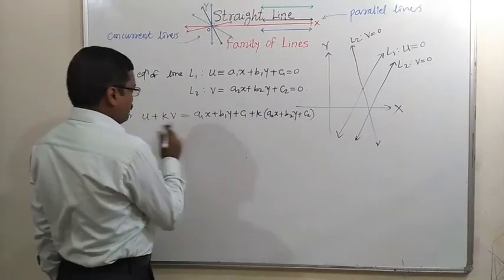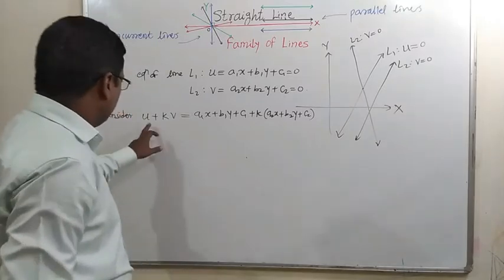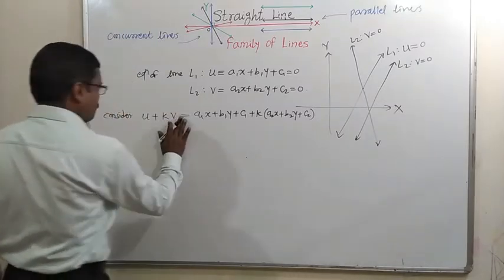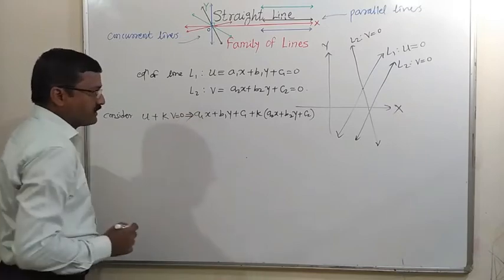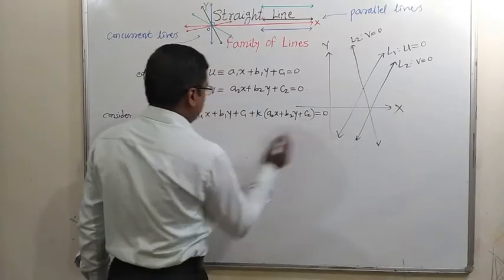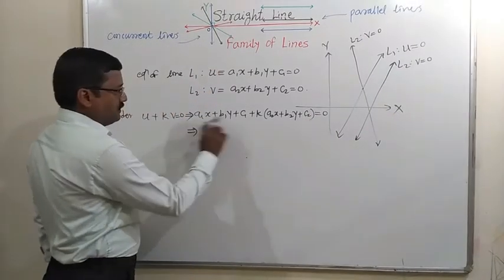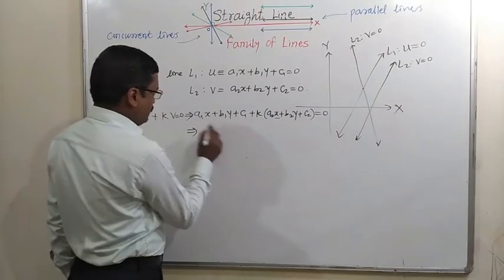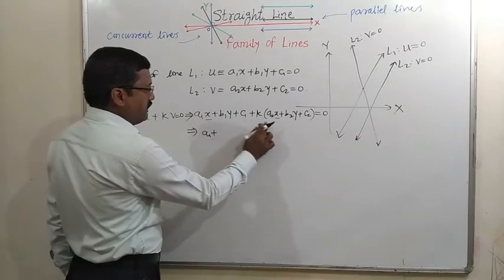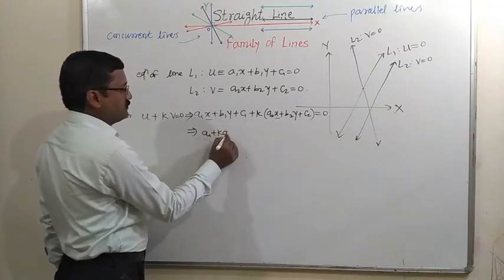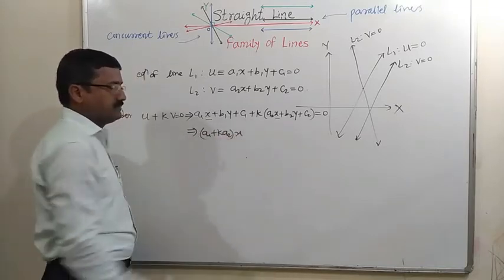Obviously, if you take here u plus kv equal to 0, then let us collect the terms of x, that is A1 plus k into A2, that is the x term.